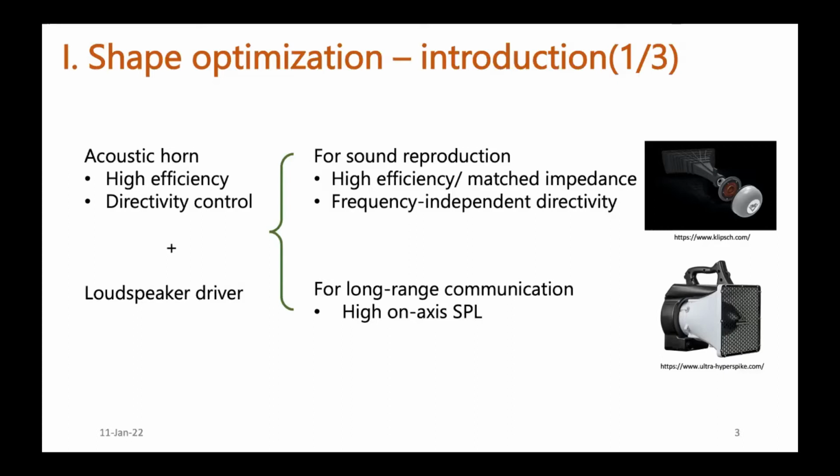And in terms of the horn loudspeaker, we have two main fields of applications. For the first application, we want the sound reproduction in some audio systems. For example, the audio hi-fi system or the professional audio line array systems.